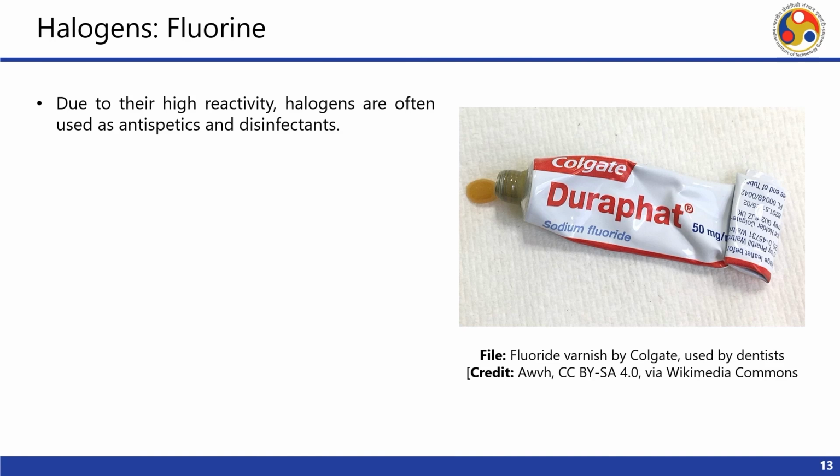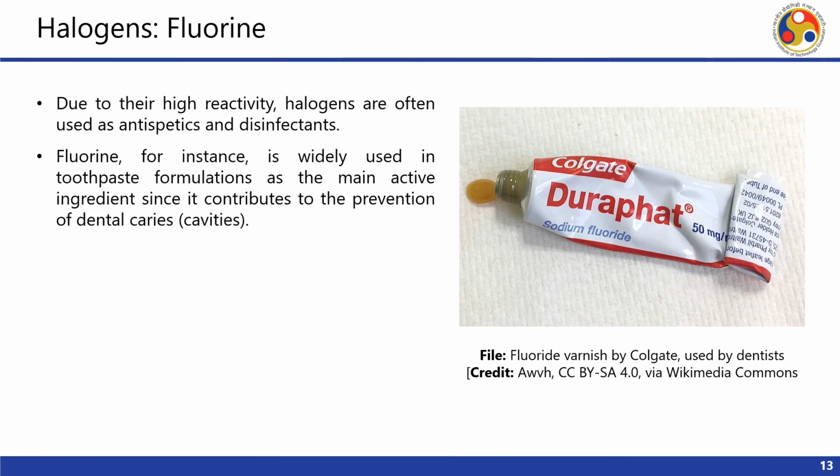Let us now discuss the halogens, for example, fluorine. And then you have this fluoride varnish by Colgate, used by dentists, and this toothpaste over here. Due to their high reactivity, halogens are often used as antiseptics and disinfectants.